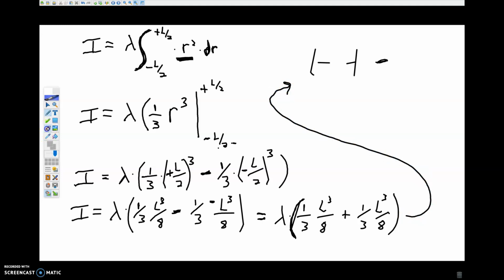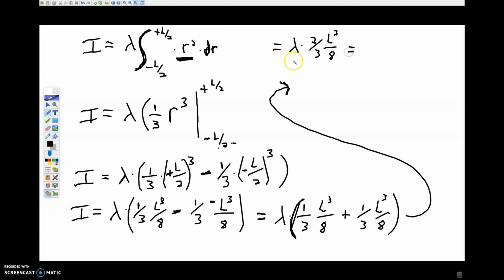So that's going to give us lambda times 2/3 L cubed over 8.